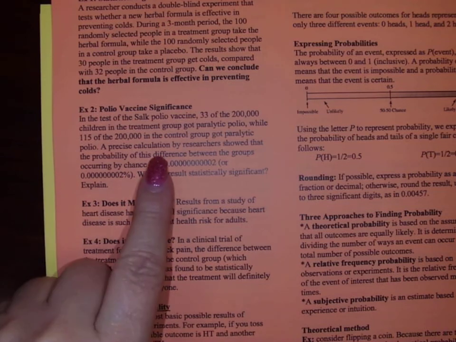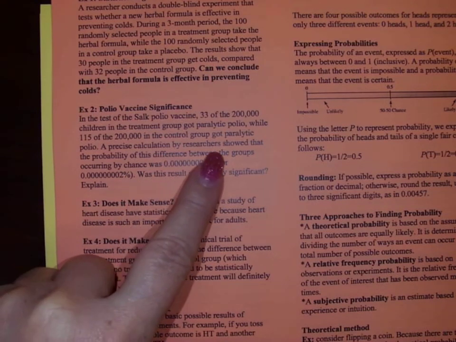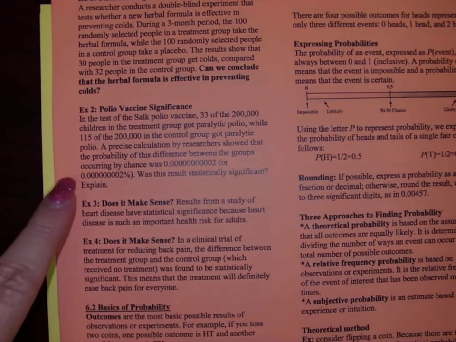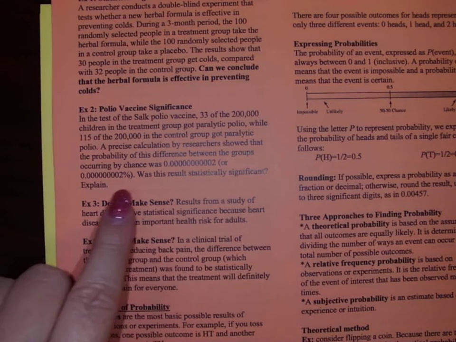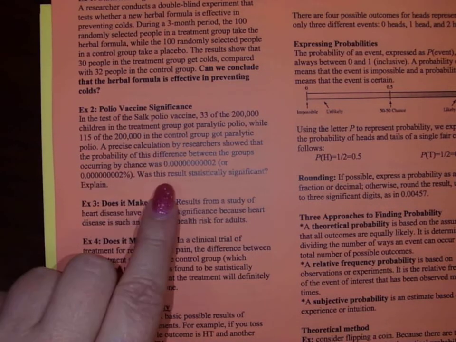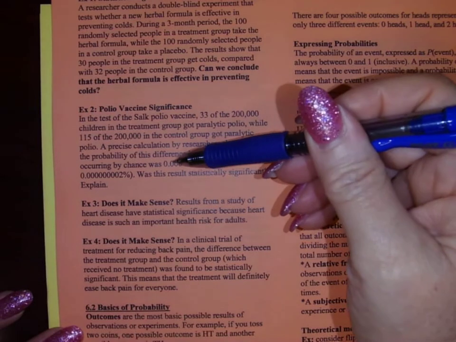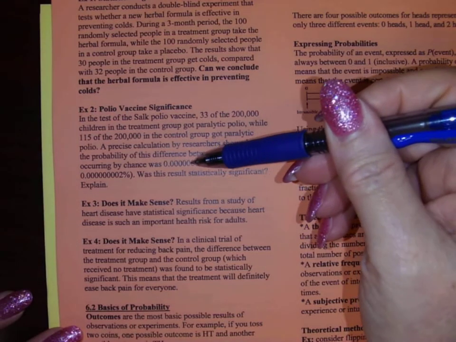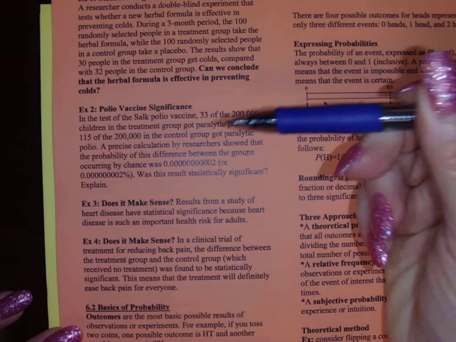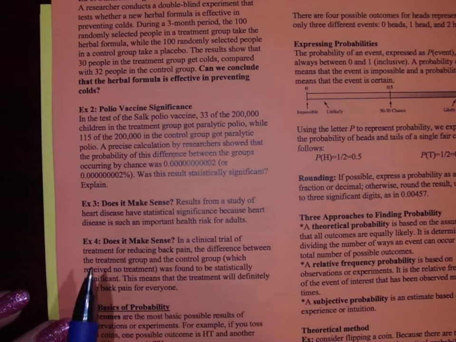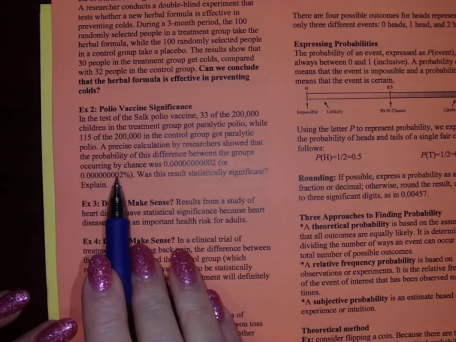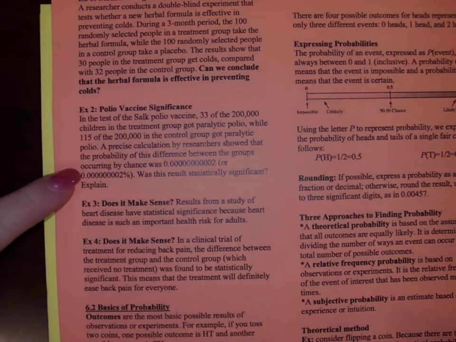A precise calculation by researchers showed that the probability of this difference between the groups occurring by chance was 0.00000002, about 8 zeros and then a 2. So it's really, really small.